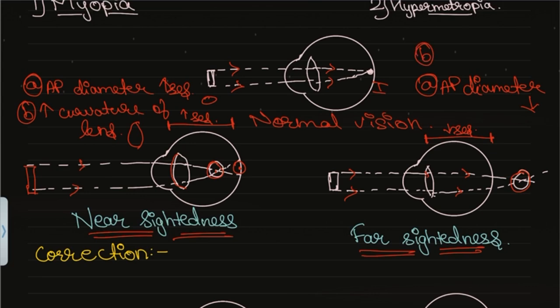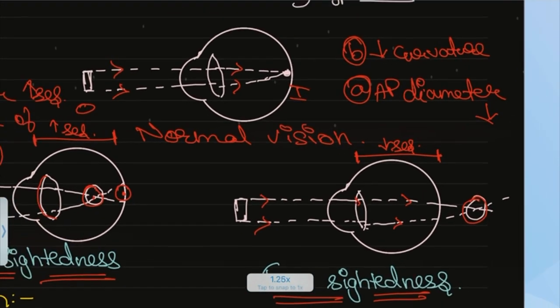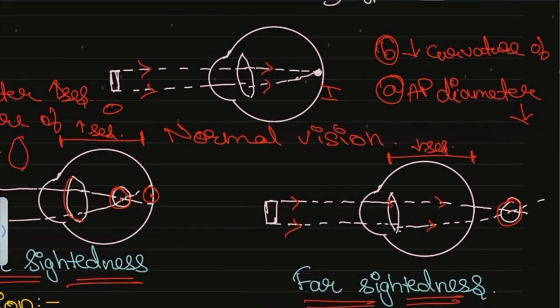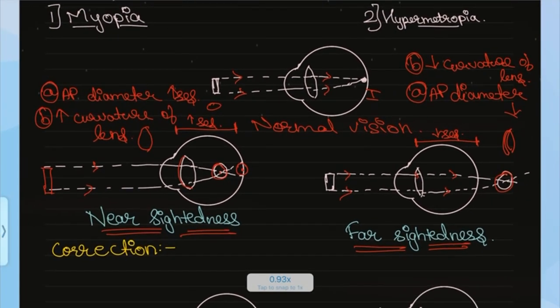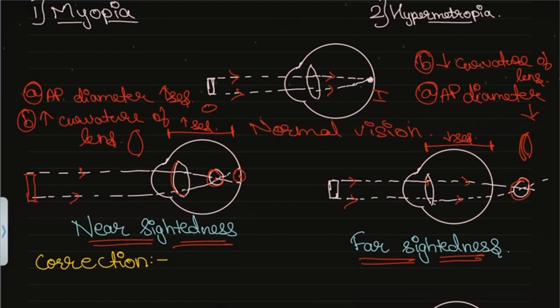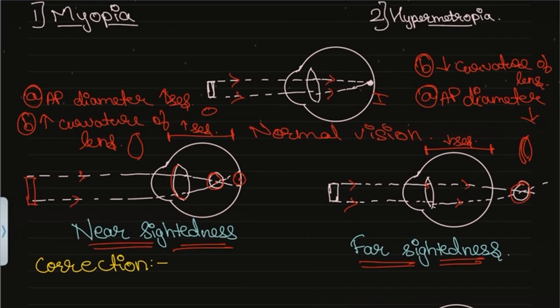And the second can be a decrease in the curvature of the lens. That is, if this is the lens, this anterior curvature will be decreased, and that's why the defect is there.